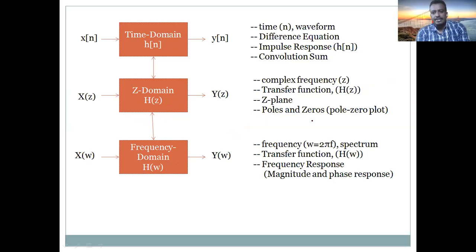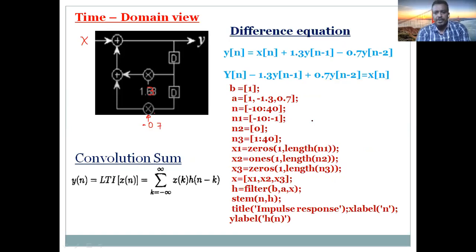let's see some example in time domain as a revision. Time domain view of a discrete time system. So let's see this system, a very simple discrete time system, where x of n is a function of time n, and output also as a function of time n.